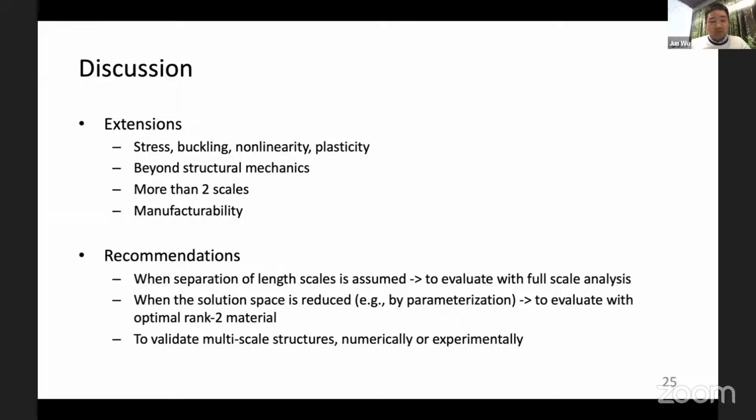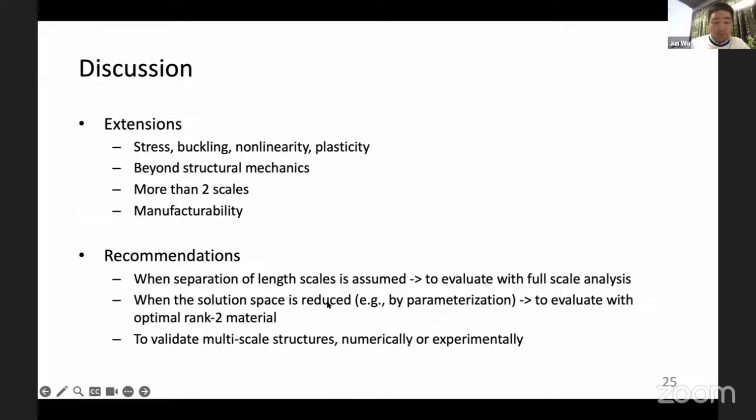And most of the structures we have been discussing are about two scales. Within a structure, you have some substructures. It should also be possible to extend to multiple scales. In nature, the maximum is 7 scales, and in topology optimization, this large number of scales is yet to be seen. Also, manufacturability has always been a problem to consider.